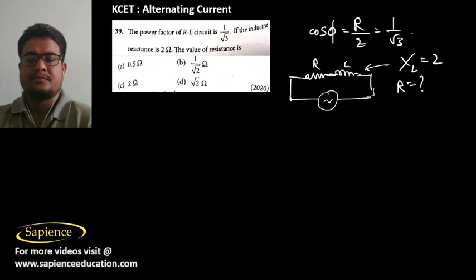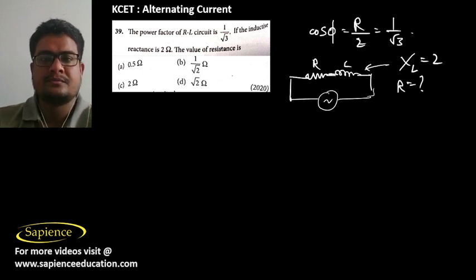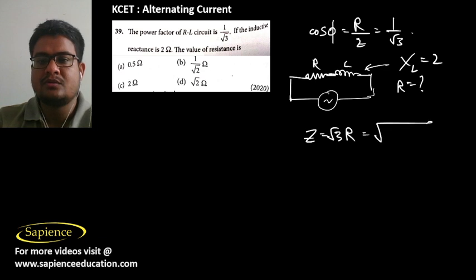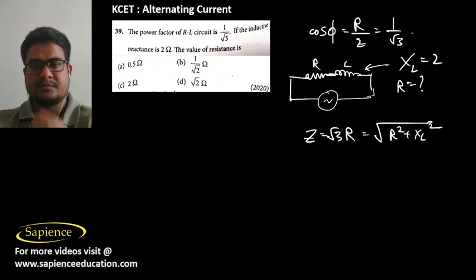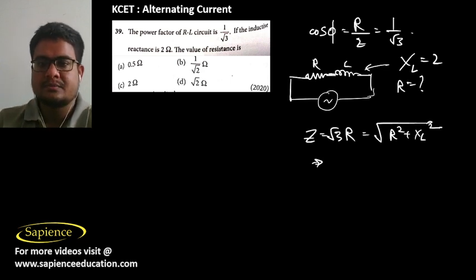If the inductive reactance XL is 2, what is the value of the resistance? Then Z is equal to root 3 times R, which is also equal to square root of R square plus XL square, and XL is given as 2.